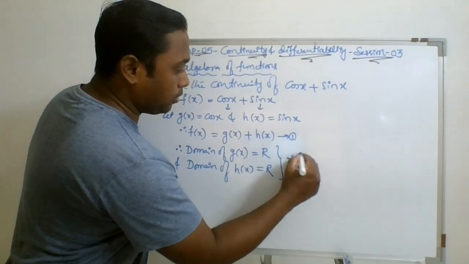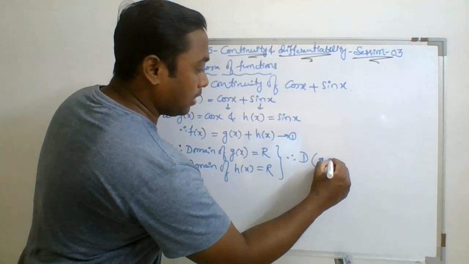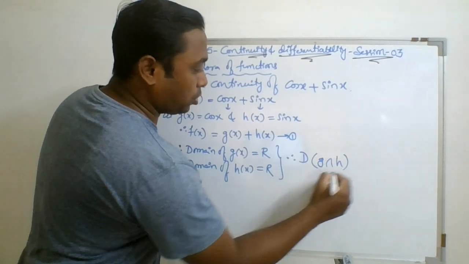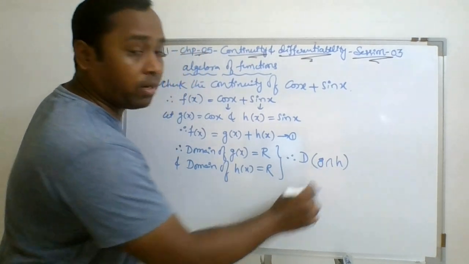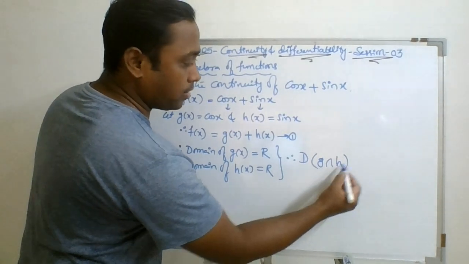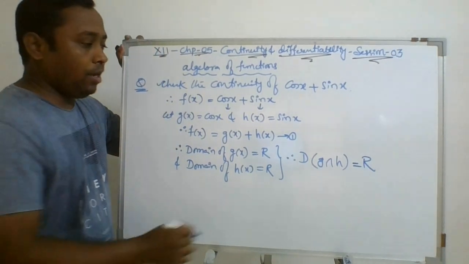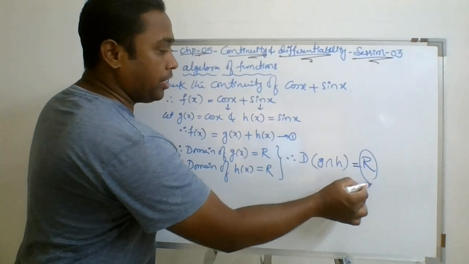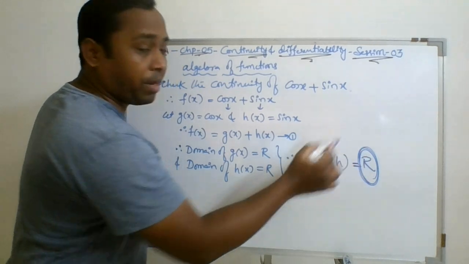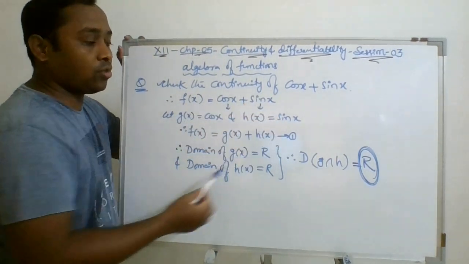Therefore, the domain of g intersection h, because we are dealing with the common domain. Common means intersection. So domain of g intersection h is the real numbers. So we have to check the continuity of the graph at this domain, means for every real number, because a point is not given.